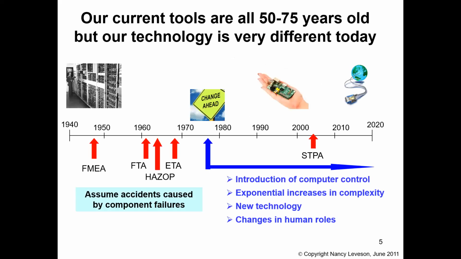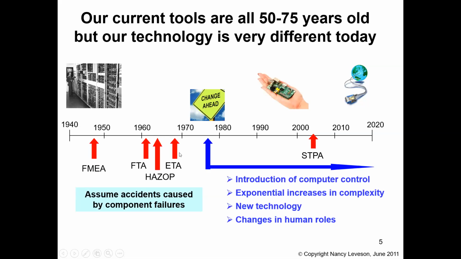The problem that we're dealing with is complexity. Our current tools are all 50 to 75 years old, but our technology is very different today. If you look over on the left of this timeline, FMEA was about 1948.